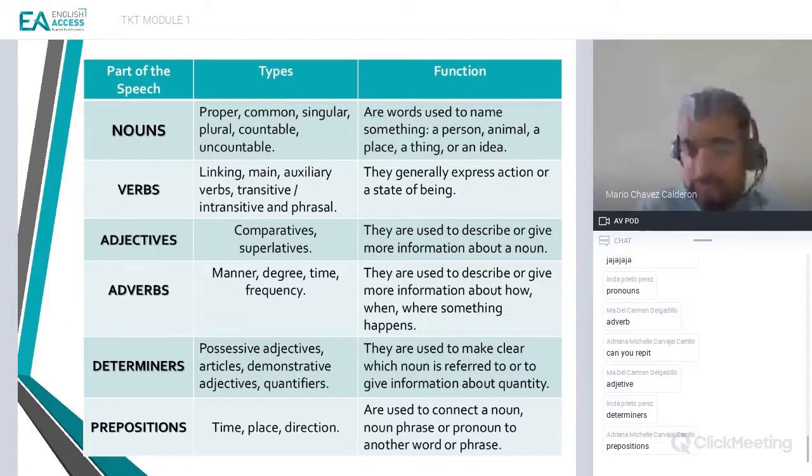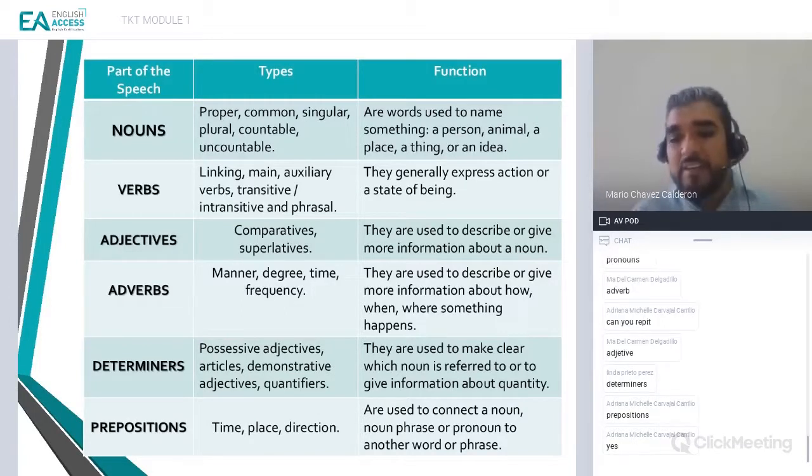Transitive and intransitive verbs. Do you remember transitive verbs and intransitive? We said that the transitive verbs are the verbs which need an object, a direct object, right?